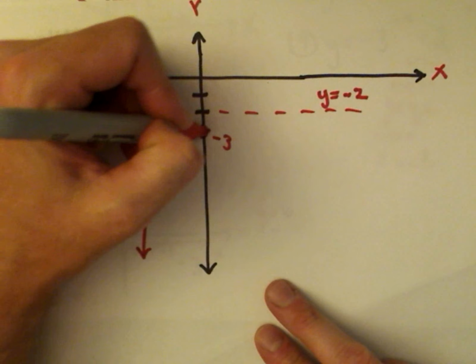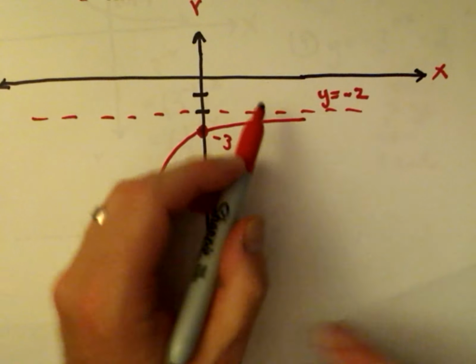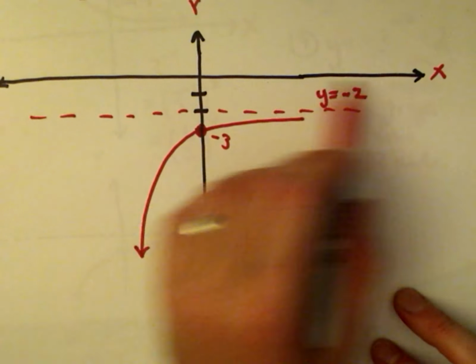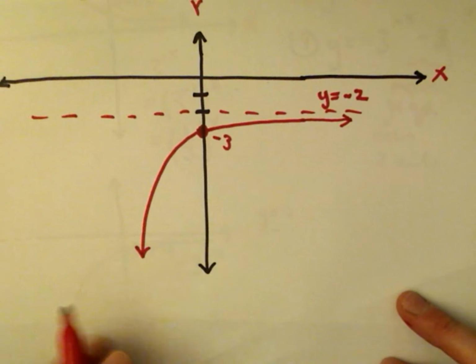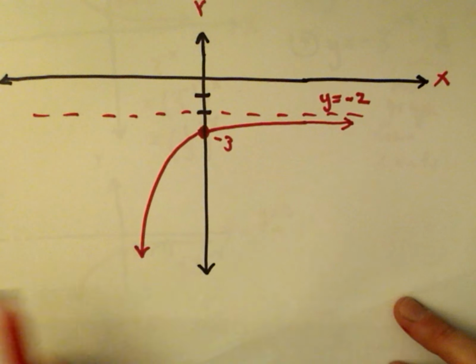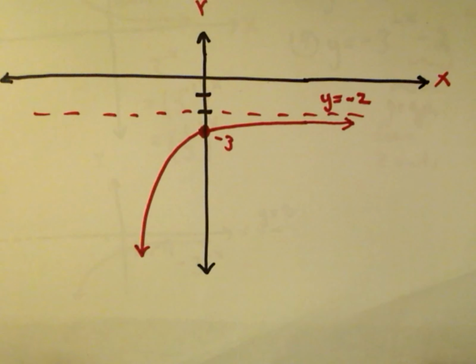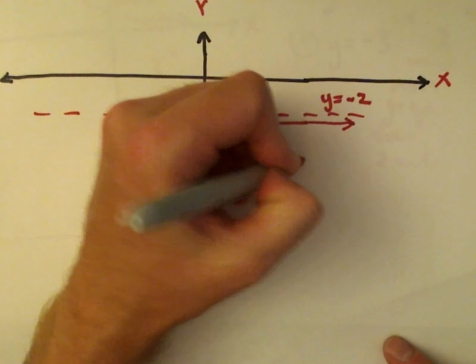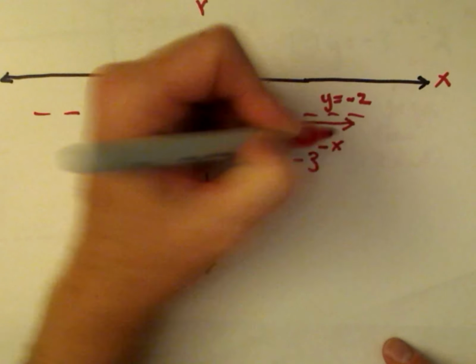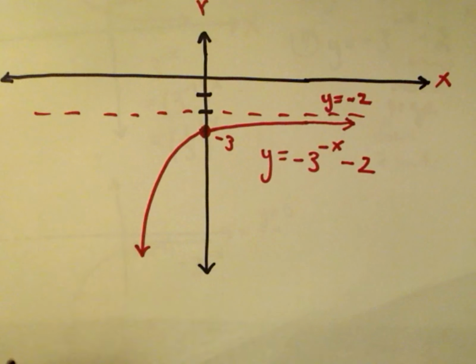And as we move to the right, it approaches not y equals 0 anymore, but now it's going to get closer and closer to this horizontal asymptote. The y values are going to get closer and closer to y equals -2. So that would be the graph of y equals -3 raised to the -x, minus 2.